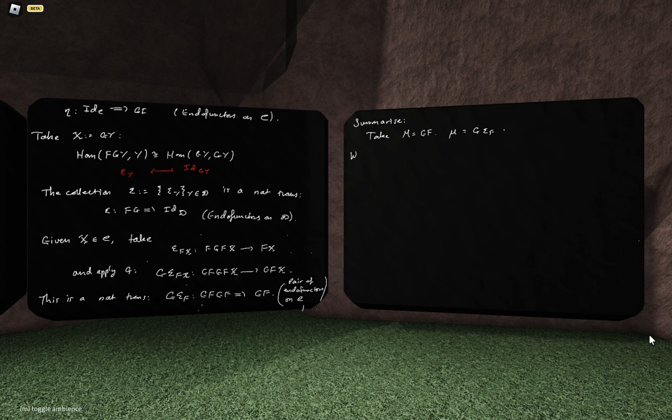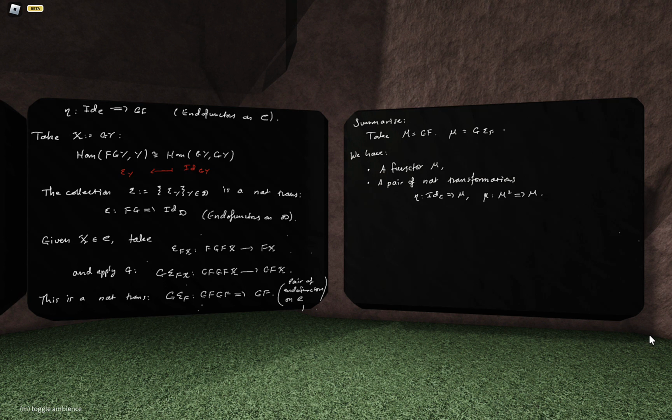Then what we have is the following data: a functor M and a pair of natural transformations, eta from the identity on C to M, and mu from M squared to M.